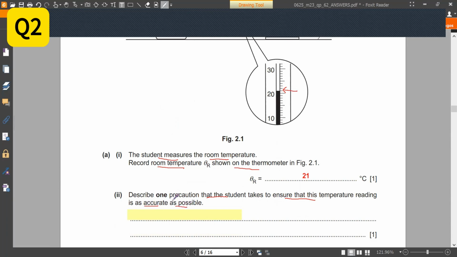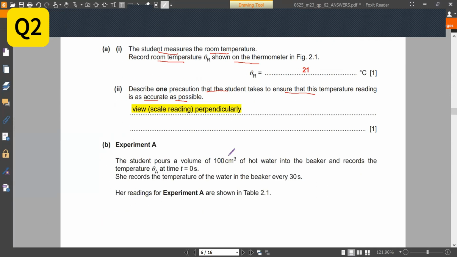One of the key things when reading the thermometer scale is to read the scale perpendicularly, at a right angle.